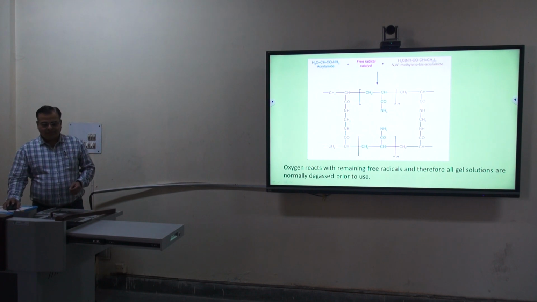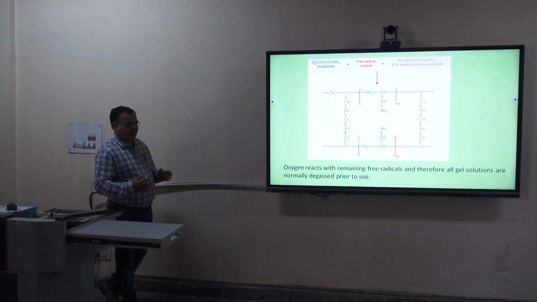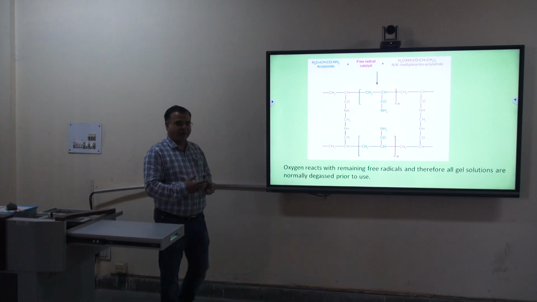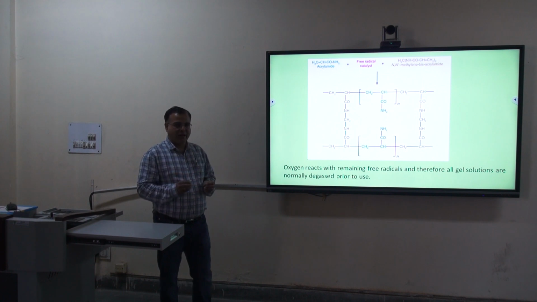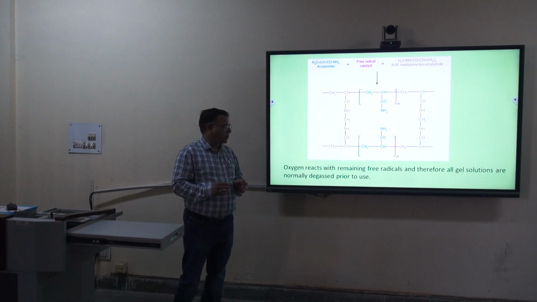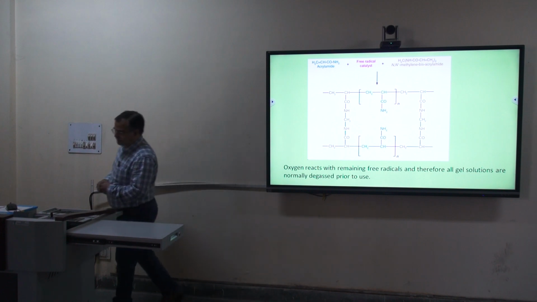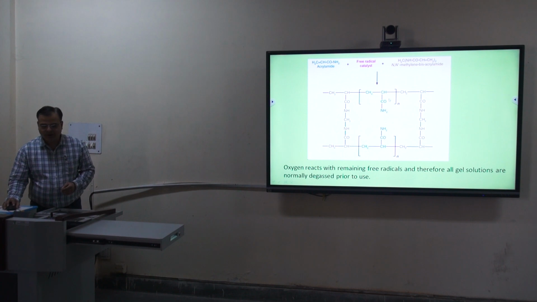If we see the structure, the acrylamide and bisacrylamide combine with each other and form a long fiber, and in certain places in the growing chain bisacrylamide is introduced and it forms cross-linked polymers, and a solid gel is formed. So here you can see this is acrylamide, it polymerizes in head to tail fashion, and at certain places this is bisacrylamide.